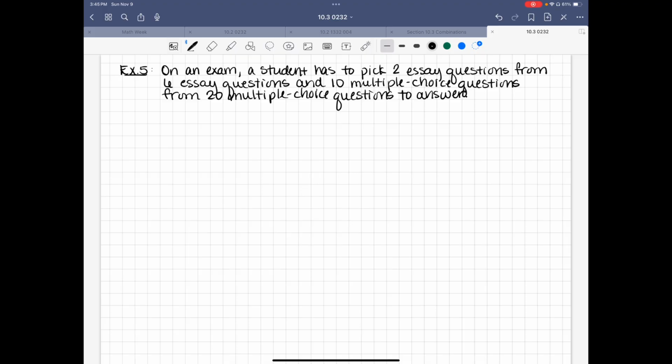How many different ways can the student pick questions to answer?